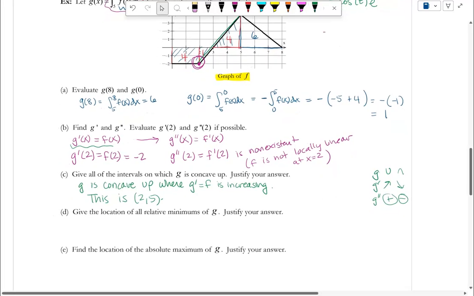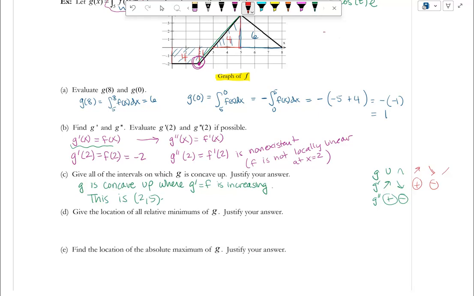All right, when I'm giving the locations of the relative minimums of g, I remember that g is going to have a relative minimum anywhere g prime changes from negative to positive. So I could say that.